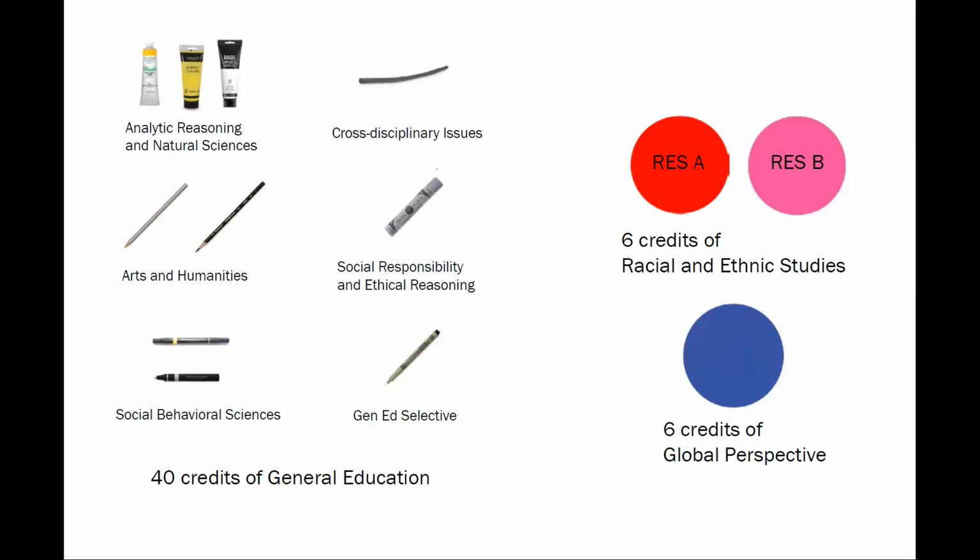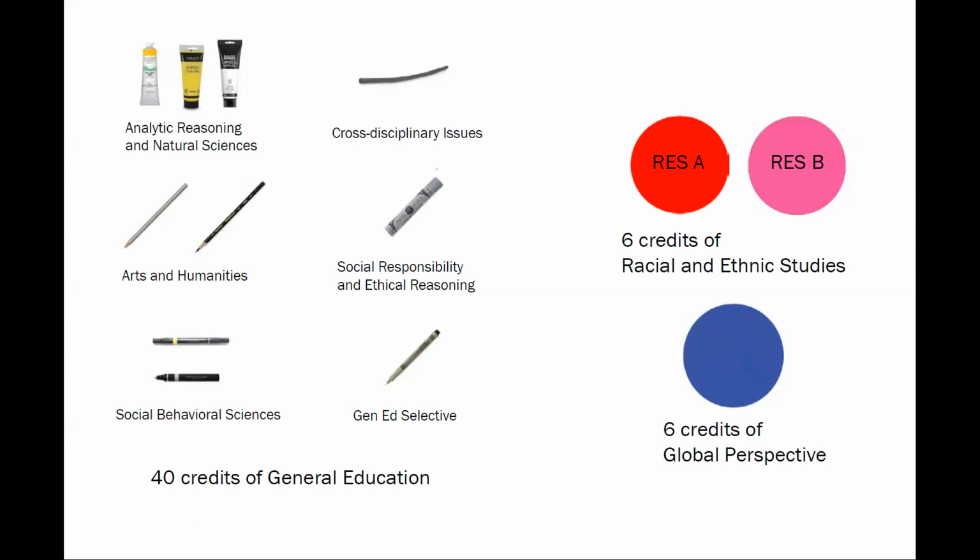In analytic reasoning and natural studies, you have 10 credits that you need to take. In that area, you have to take a math or stat class, which are usually 2 or 3 credits. And then you have to take a science class with a lab, which is 4 credits.